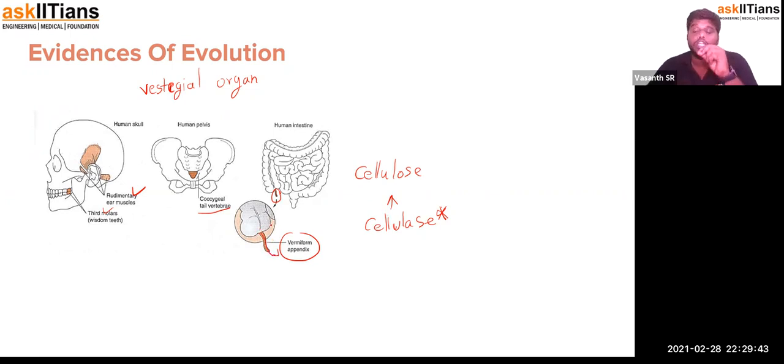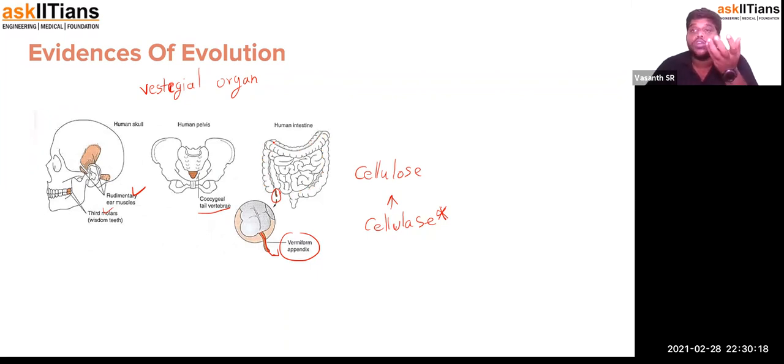Later, by the action of the helpful bacteria, the cellulose was digested with the help of cellulase enzyme produced by the bacteria, and an energy-rich molecule was released. They would use the energy-rich molecule for themselves and leave the remainder in the large intestine, where, along with the absorption of water, some of the glucose and other sugar molecules were also absorbed. So this was the purpose of the vermiform appendix.